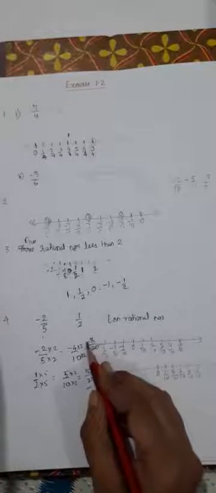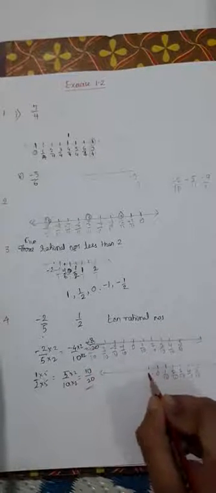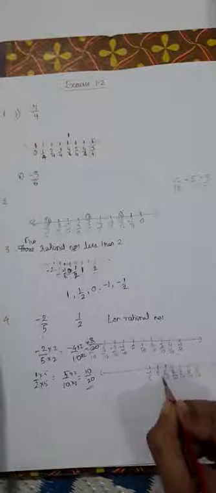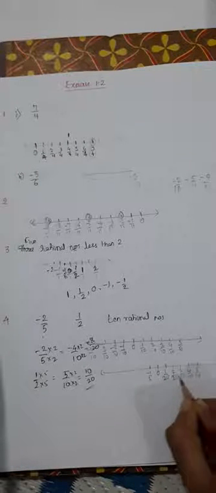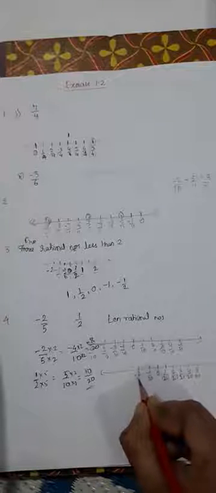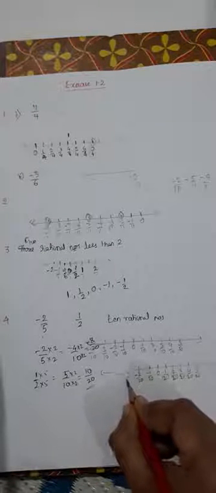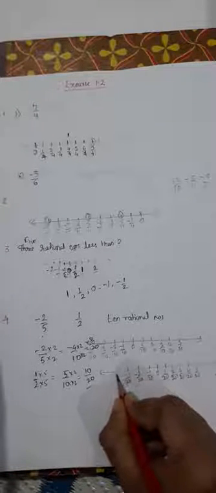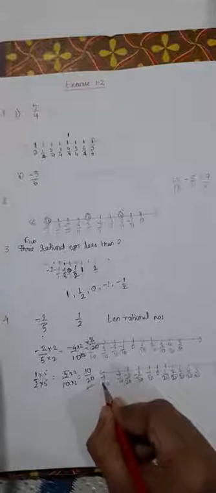When you move towards the negative side, it is minus 1 by 20, because we multiplied the numerator and denominator by 2 again. Minus 2 by 20, minus 3 by 20, minus 4 by 20, till minus 8 by 20.